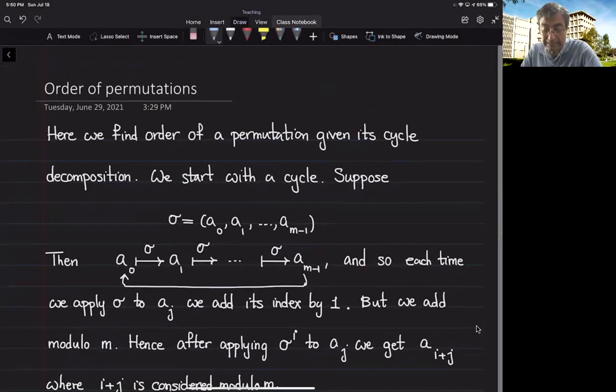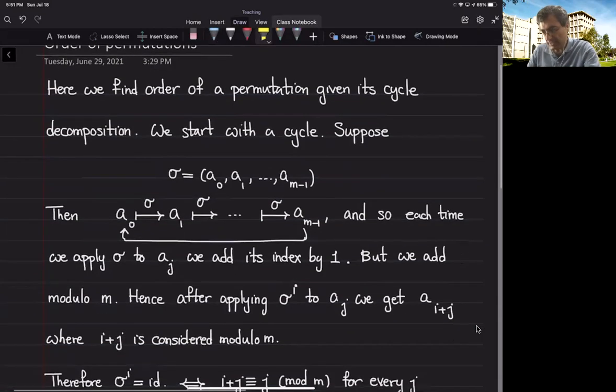We want to understand how we can compute the order of a permutation given its cycle decomposition. Okay, so that's our next goal of this video, how to find the order of a permutation given its cycle decomposition. Of course, the easiest case would be when our permutation is a single cycle. What is the order of an m-cycle?